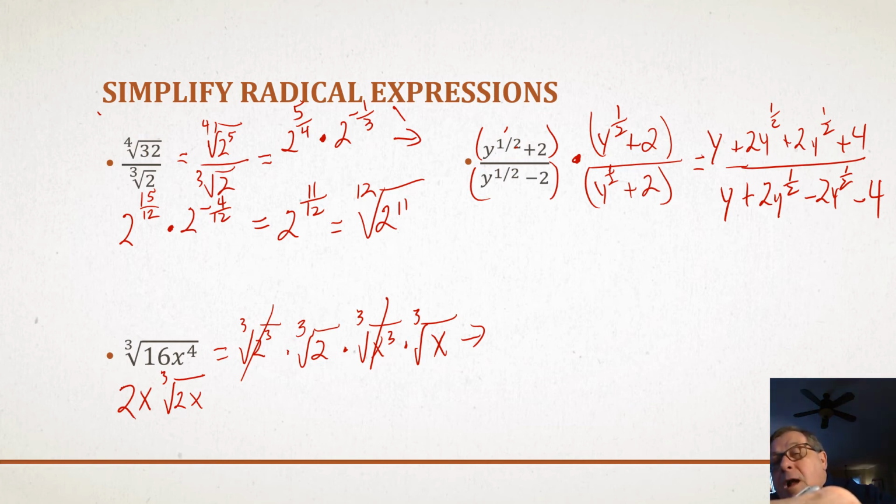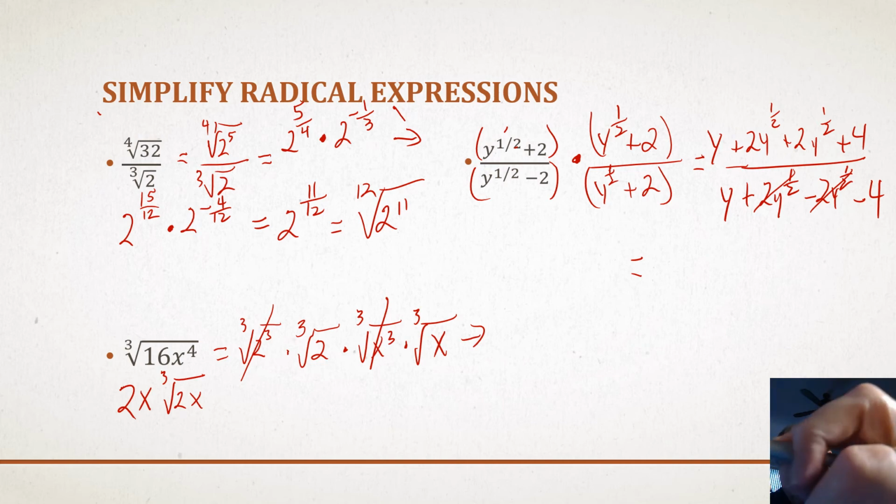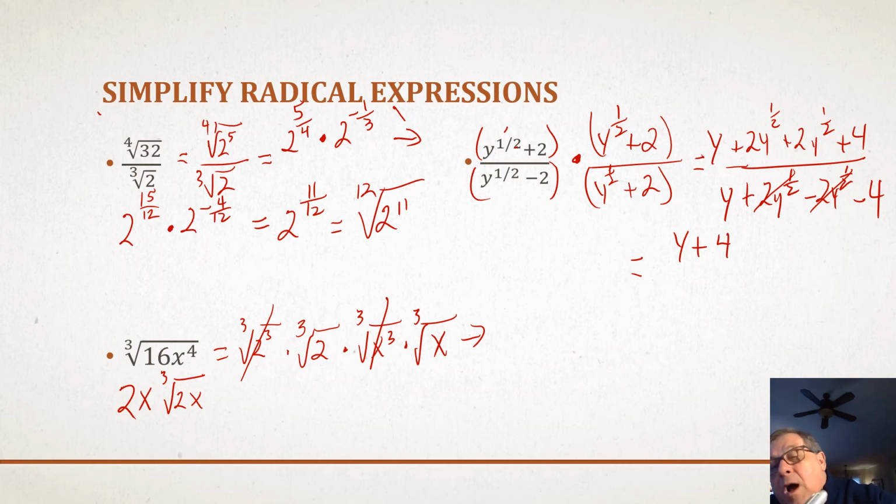Well, in my denominator, the positive 2y to the 1/2 and the negative 2y to the 1/2 are going to cancel. And let's go ahead and combine the like terms in the numerator. So we've got y plus 4y to the 1/2 plus 4 over y minus 4.